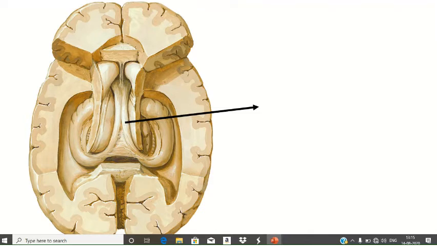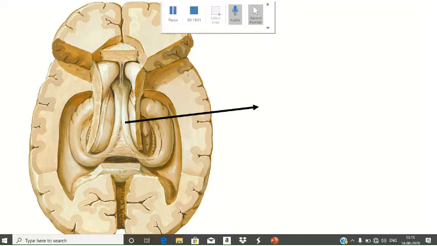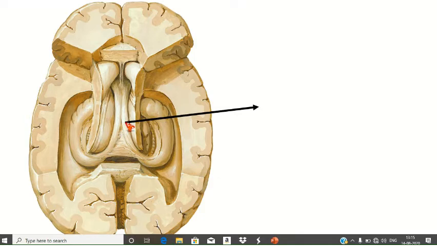This fornix runs over the superior surface of the thalamus, separating this superior surface into medial and lateral areas.